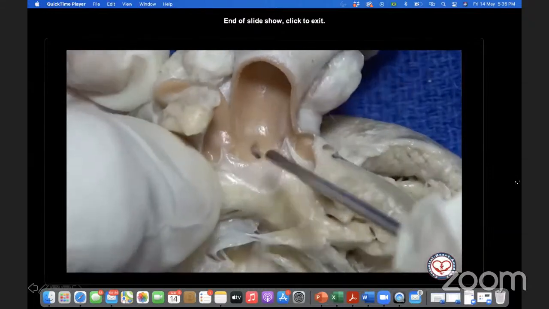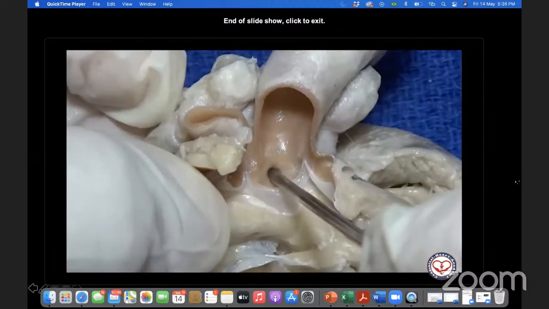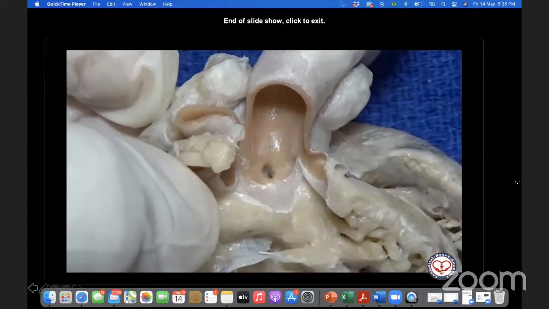The coronary orifice arising from the left-hand facing sinus, or sinus number 2, is the left coronary orifice.